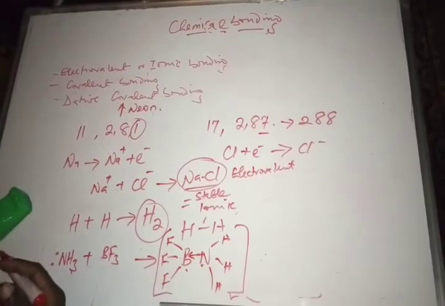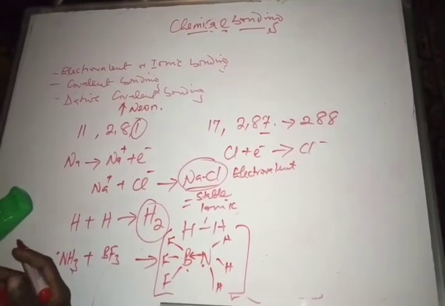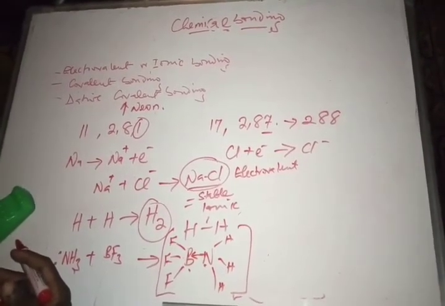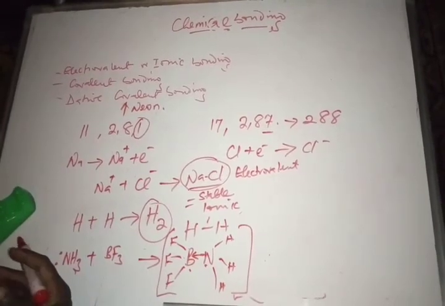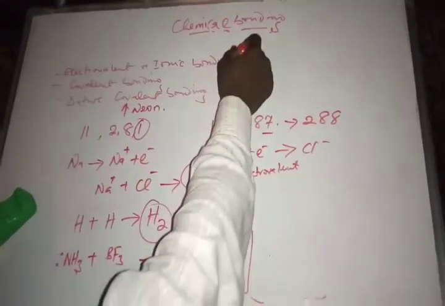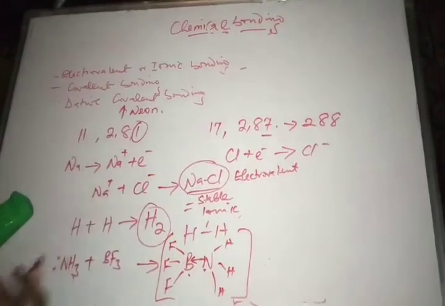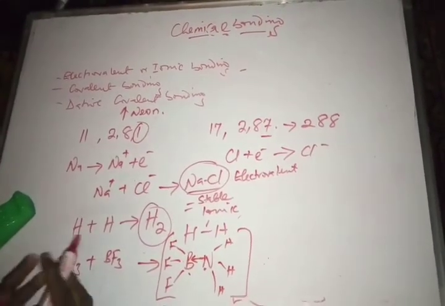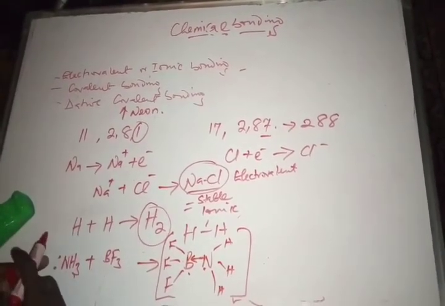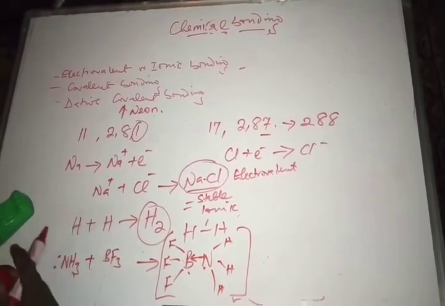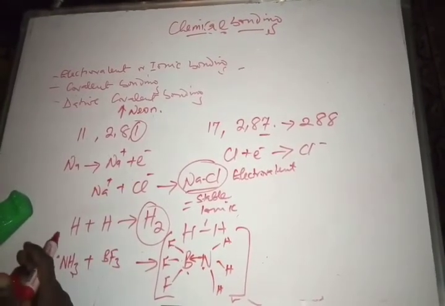Now, generally, we have three types of chemical bonding: the electrovalent, the covalent, and the dative covalent. And most of the time, the product of each of these bonding has its peculiar property that is quite different from the component elements that form the bond.